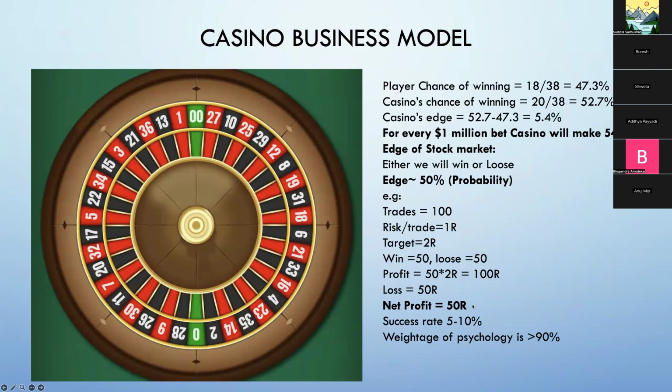50R. And the stock market success rate is just 5 to 10%. Most of the time, more than 90% of people will fail because of trading psychology and maybe trading setup and so on.